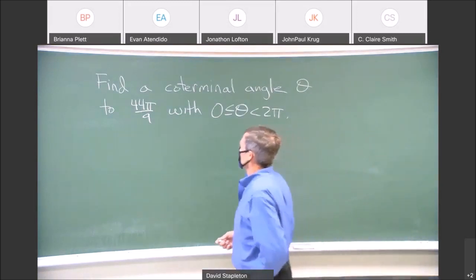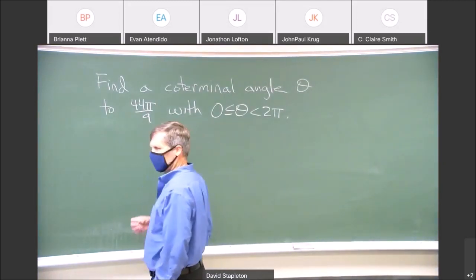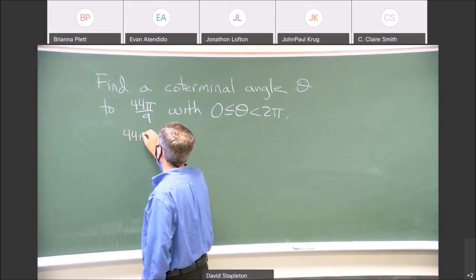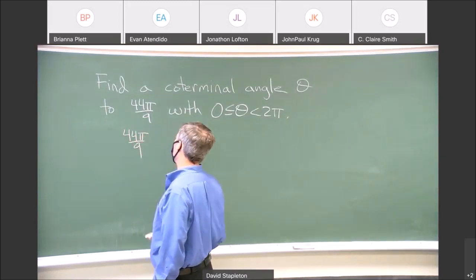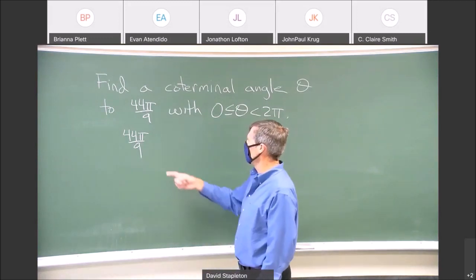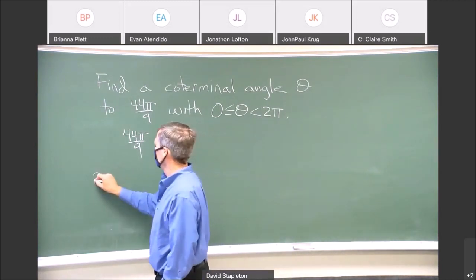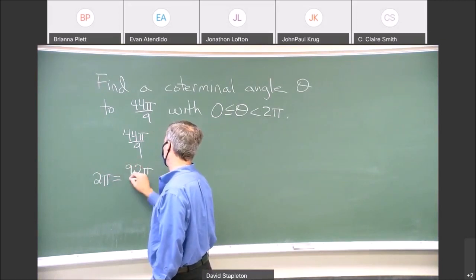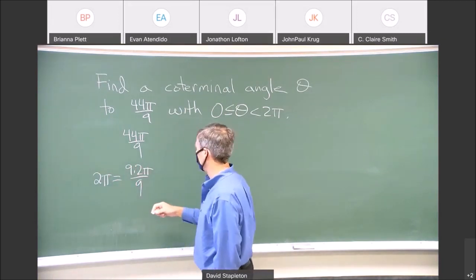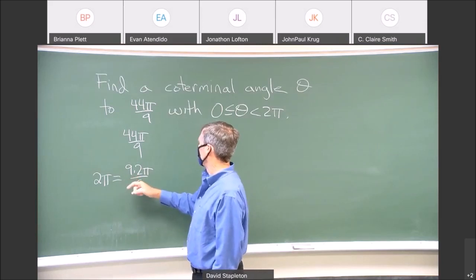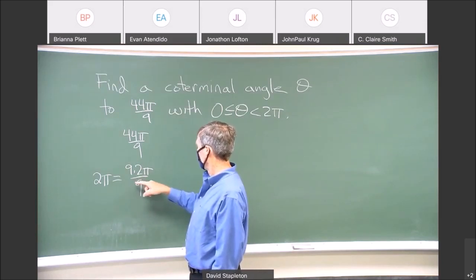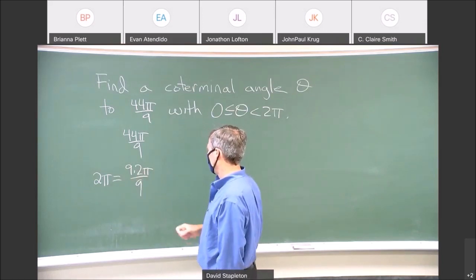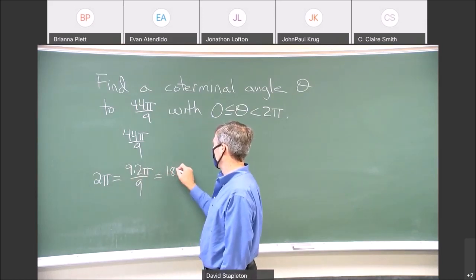What you do is you just keep subtracting multiples of 2 pi, but sometimes it's tricky, fractions are trouble. So you take 44 pi over 9 and ask how many multiples of 2 pi can go in there? 2 pi would be 9 times 2 pi over 9, multiplying top and bottom by 9, and this would be 18 pi over 9.